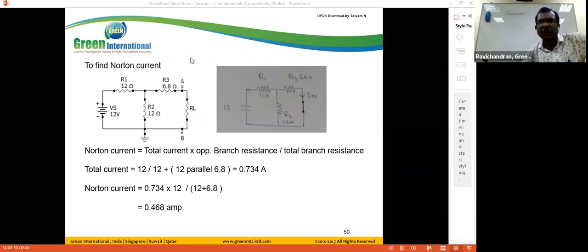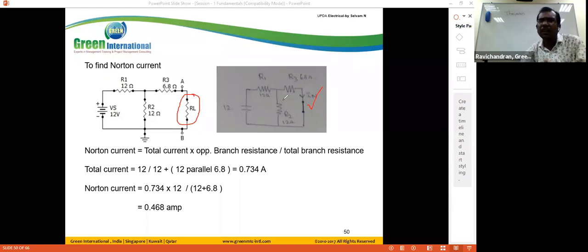What is the first step? Remove the load resistance and short circuit. So I put it here. Then I need to find the current flowing through the short circuit. So that is IN. Let's see the circuit.